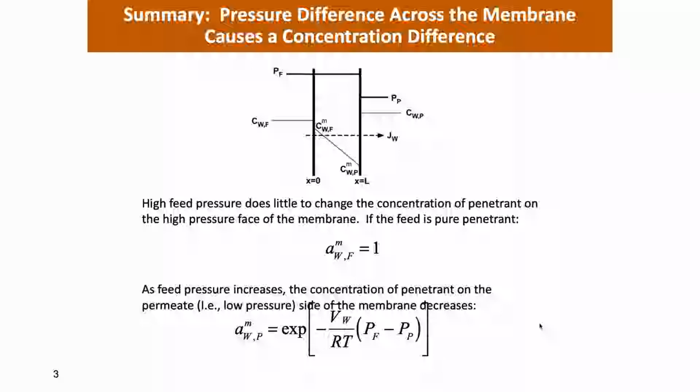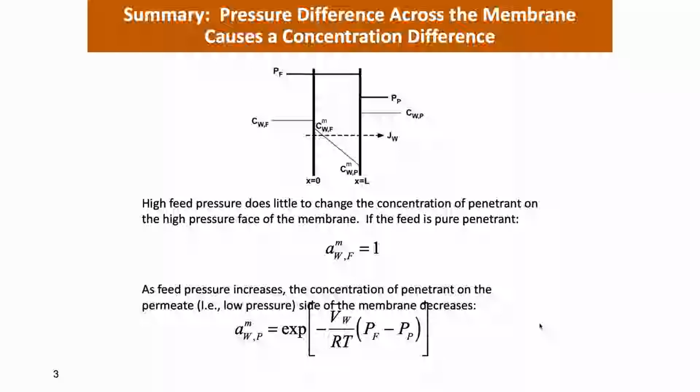And so as you increase the feed pressure, you lower the water activity at the downstream side of the membrane, and you therefore lower the concentration of water, because the activity, although it's not necessarily a linear function of concentration, using something like the Flory-Huggins model, activity and concentration go the same direction in this case.